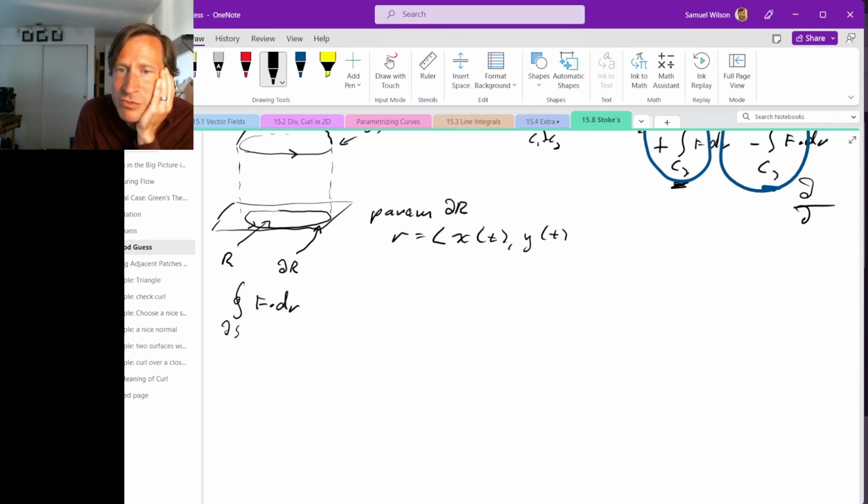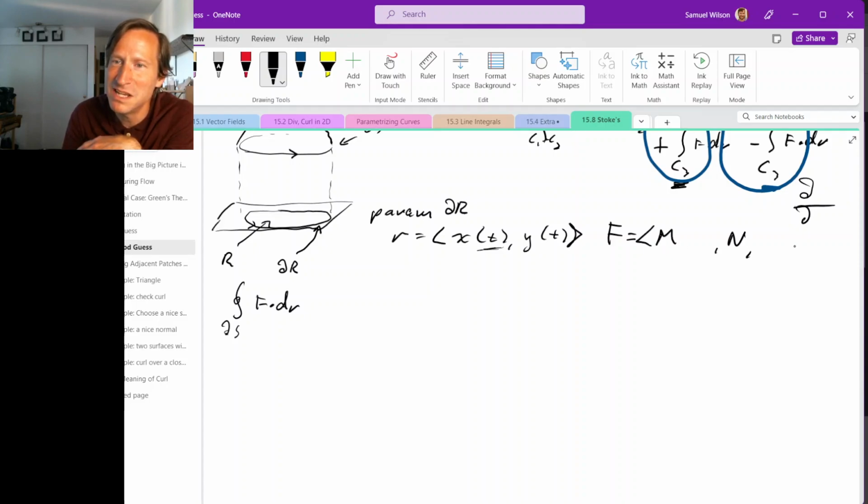Okay. Now as we do all of this, writing out here what is a function of what, that t is the independent variable, will get too cluttered for us to be writing that all of the time. So when I parameterize this, I'm going to stop writing the of t everywhere. This gets especially bad with our vector field, because remember, our vector field is m, n, p, because we're in 3 space, so we have 3 coordinate functions, and each of these are functions of x, y, and z.